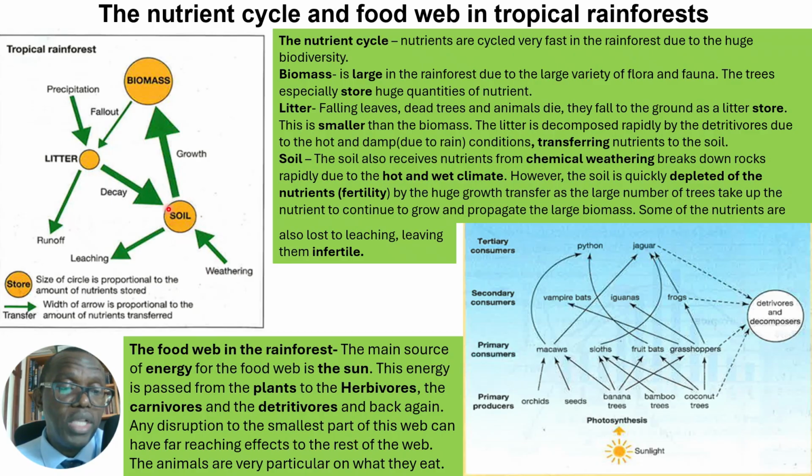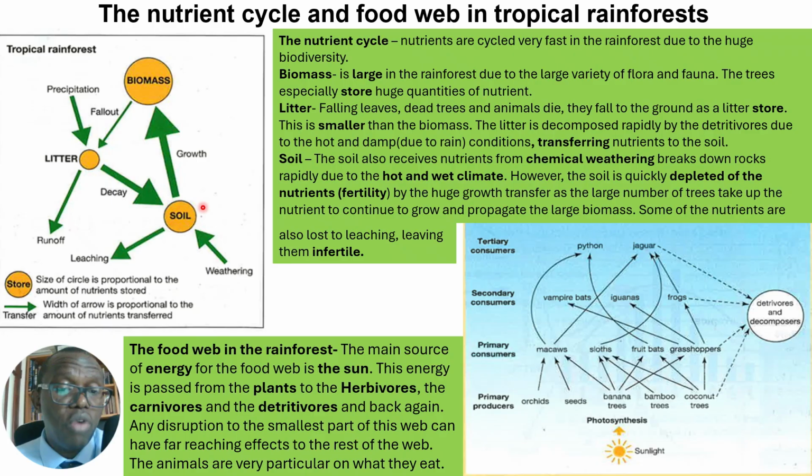So the soil is receiving nutrients from the litter, but not just the litter. The soil is also receiving nutrients from chemical weathering that is taking place. Now, chemical weathering obviously is referring to the breakdown of rocks.